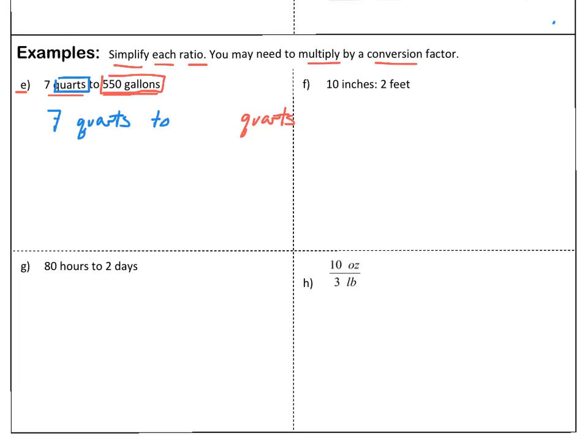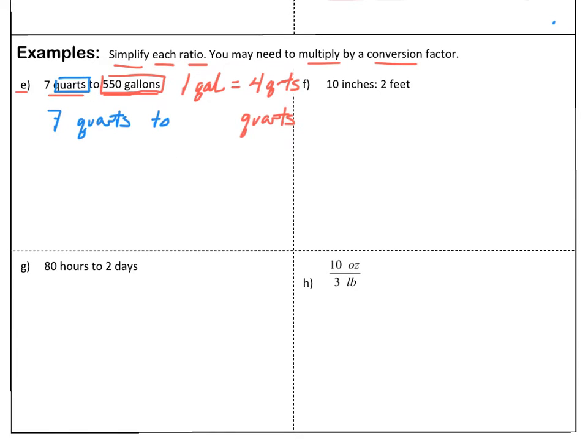Now, what you need to know is that 1 gallon is going to be equal to 4 quarts. So in order to convert that, if I have 550 gallons, I'm going to multiply it by 4, and that'll tell me how many quarts are inside that.